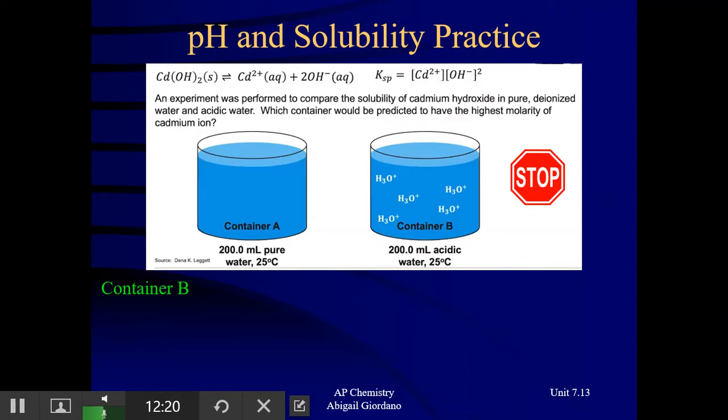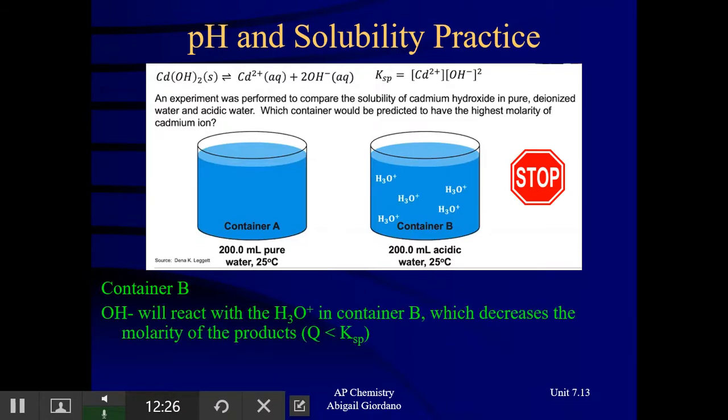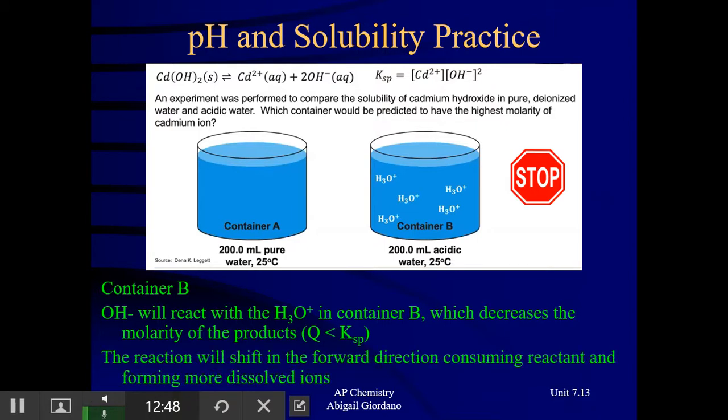Having that additional H3O+, which is going to react with the OH-, is going to be decreasing the molarity of the products. And to be specific, the OH-. If we're constantly taking OH- away because it's reacting with H3O+, that's going to cause a shift in the forward direction, which is going to consume some of that solid cadmium hydroxide and form more dissolved ions.